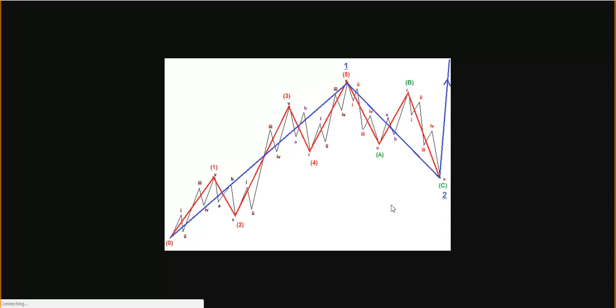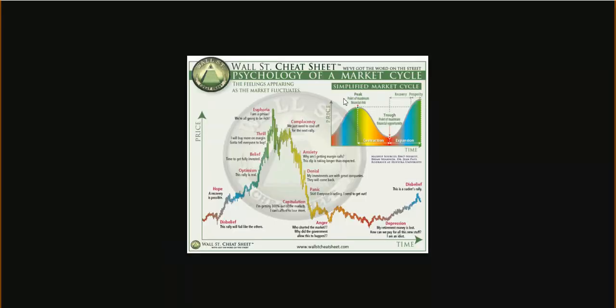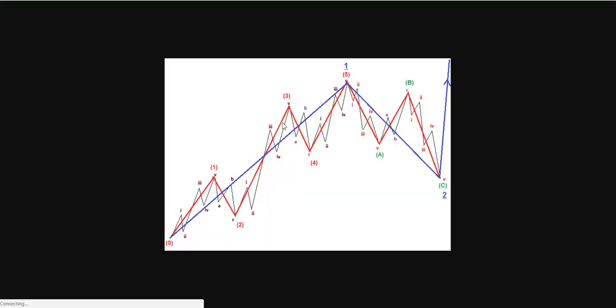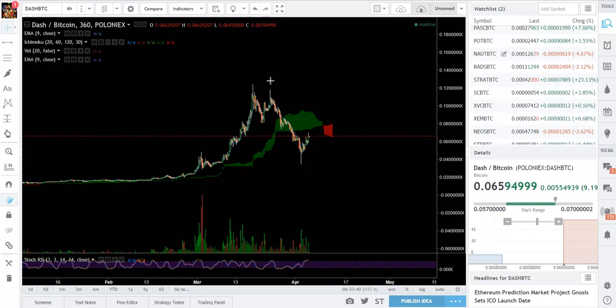So once we recognize that this is the same emotional structure playing out over and over again, and it is manifesting itself through these waves, these impulses and retracements, then we find that we can measure these impulses and retracements with the Fibonacci tool, which really seems to make a lot of sense.